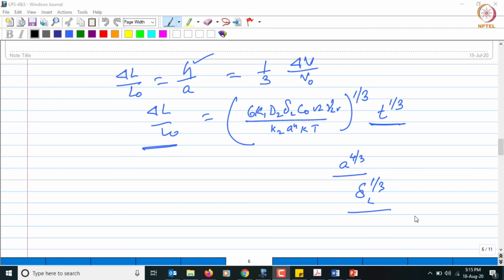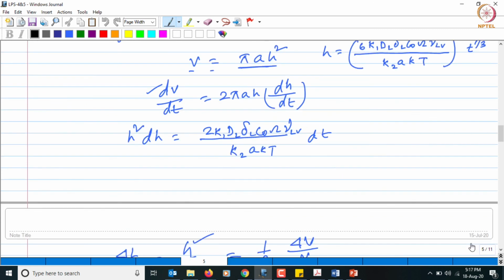And as you know by now, densification is manifested by the shrinkage delta L by L naught, which is given by H by A in this particular case, where H is the center to center movement of the particles due to the dissolution of the contact points between the particles, and A is the radius of the particles.